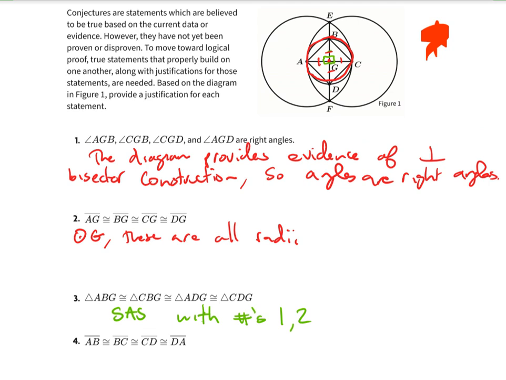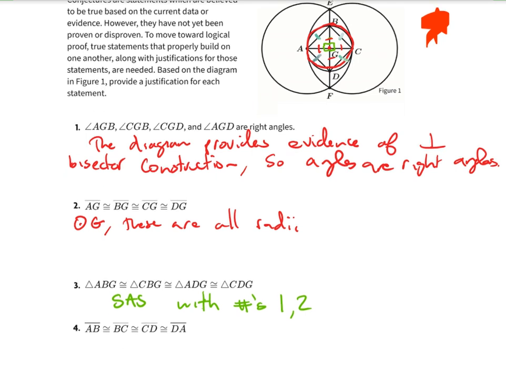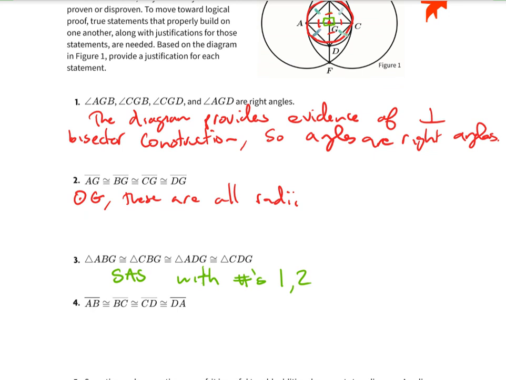Now we have AB, BC, CD, and AD, right? This is CPCTC, which is an abbreviation for corresponding parts of congruent triangles are congruent.